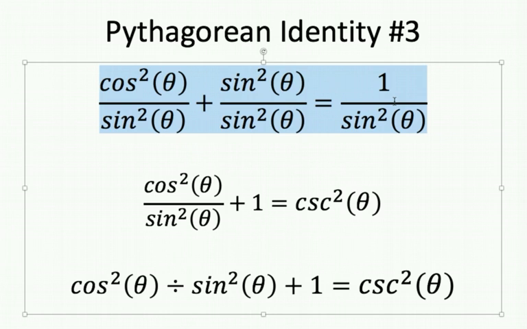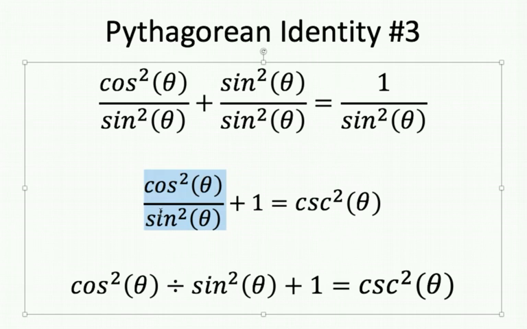And let's simplify this. So 1 divided by sine is something called cosecant. So since this is 1 divided by sine of theta squared, it becomes cosecant of theta squared. Here, since we have sine squared divided by sine squared, same thing on top and the bottom, that just becomes a 1.